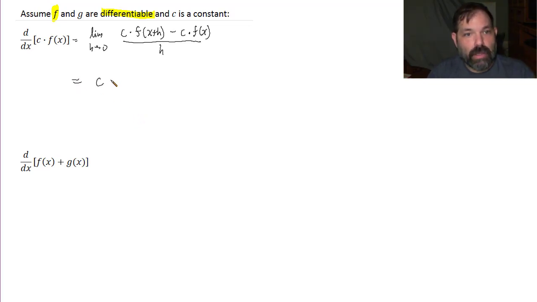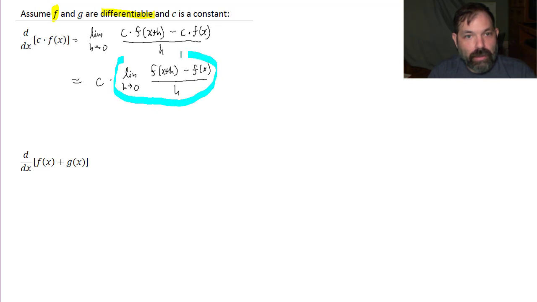This is then c times the limit with h approaching 0 of f of x plus h minus f of x over h. Now, if we look at this expression, the limit as h approaches 0 of f of x plus h minus f of x over h, you should recognize that as simply the derivative of the function f. So then this is equal to c times the derivative with respect to x of f of x.